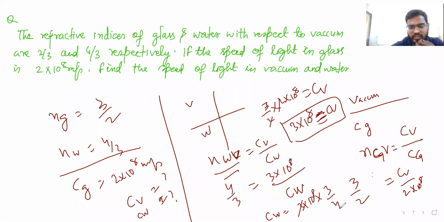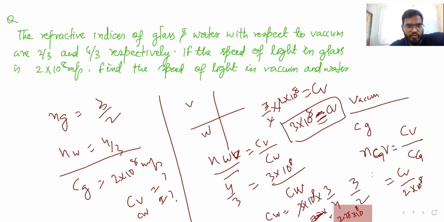Now if you cancel it out, it is 9 by 4 ultimately. 9 by 4 is 2.25. So 2.25 into 10 to the power of 8 meter per second. Unit you can write by yourself. This is the answer for this question.